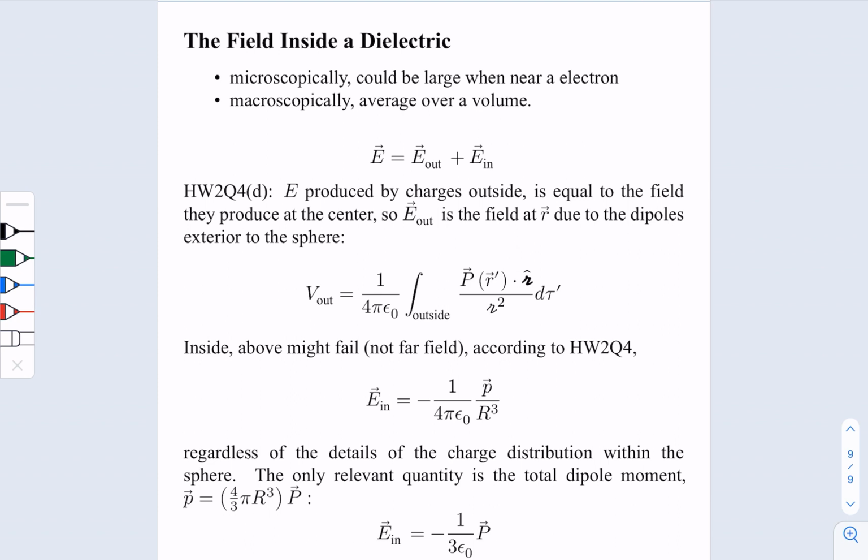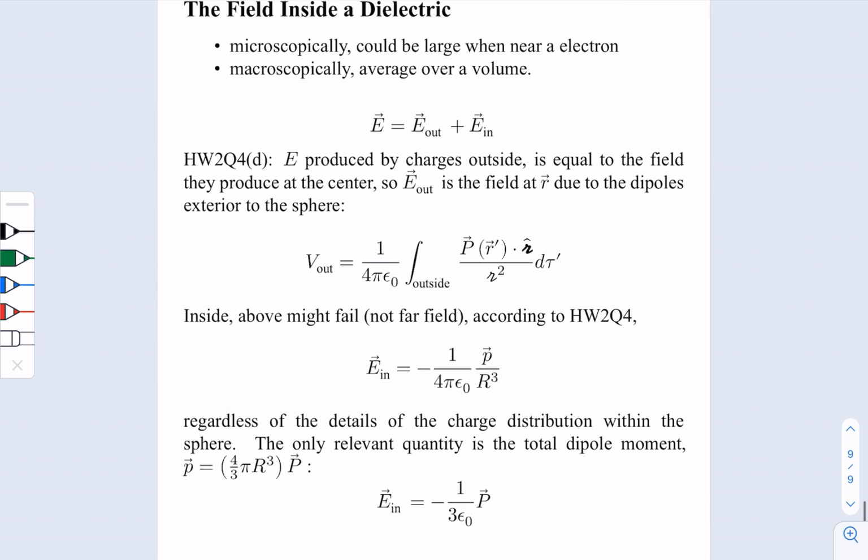Our regime of interest will include thousands of electrons, say. If we average over this large volume, the electric field over this volume will be constant. So instead of looking at the very details of the electric field very close to an electron, this can be nicely proved by the homework that you have done in homework 2, question 4.